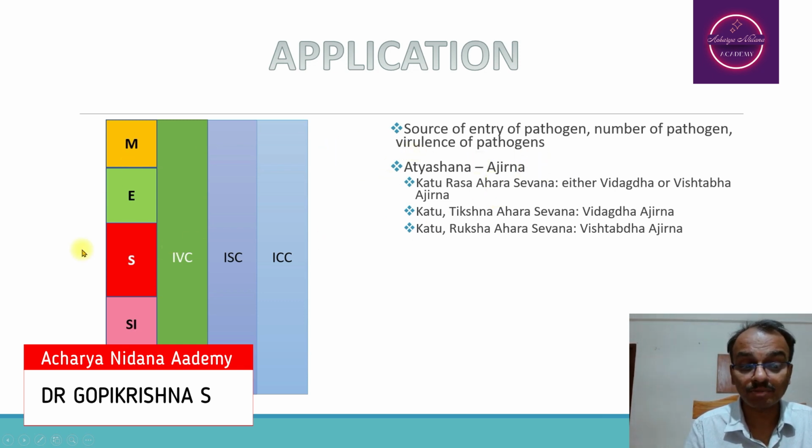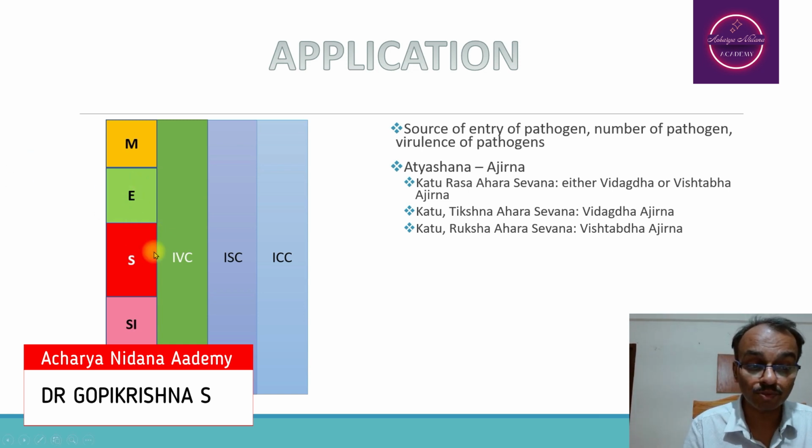Ayurveda says the person has to consume up to 2/3 of the stomach. If the person is taking more food, suppose up to 9/10 of the stomach capacity, that is responsible for Ajirna itself.